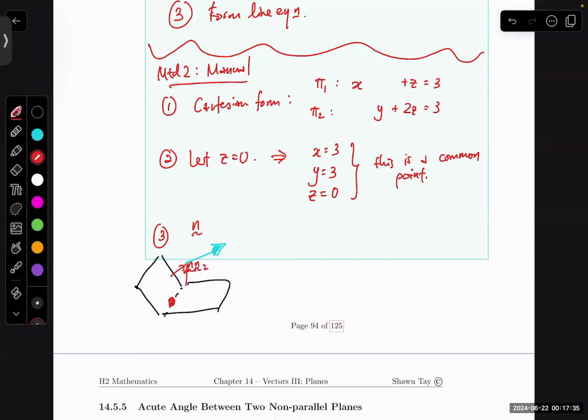So n1 cross n2 gives the direction vector of the line of intersection.